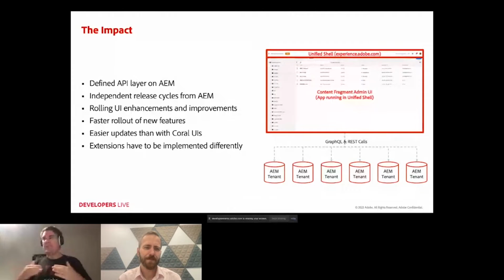With this, it's going to be easier because we're going to have a multi-tenant UI. You're going to have certain extension points, and your AEM instance is almost completely independent of that UI. What it also means is, when you have to adapt something, you have to do it differently. And that's something you're going to see in just a couple of minutes.